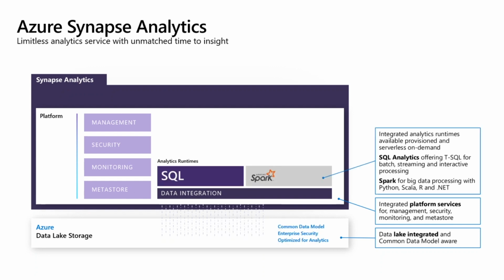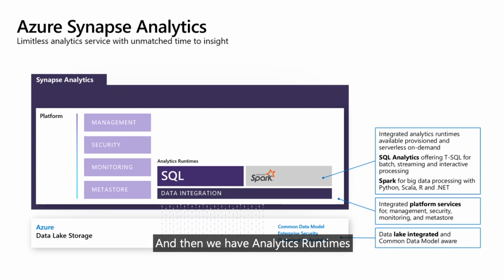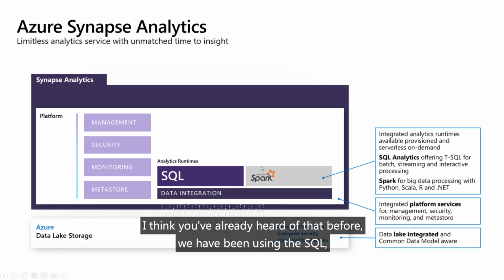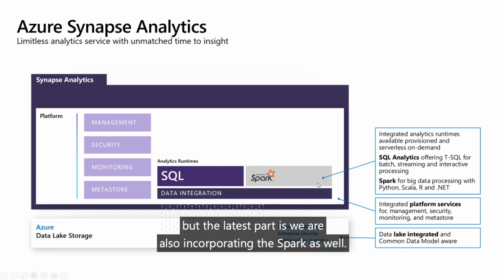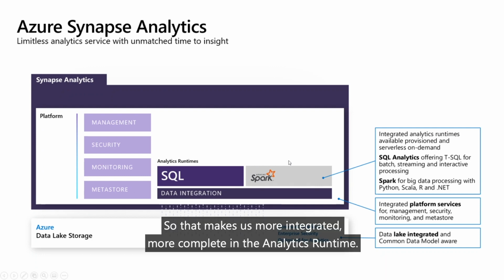And then we have the analytics runtime. I think you already heard of that before. We have been using SQL, but the latest part is that we are also incorporating Spark. That makes the analytics runtime more integrated and more complete.